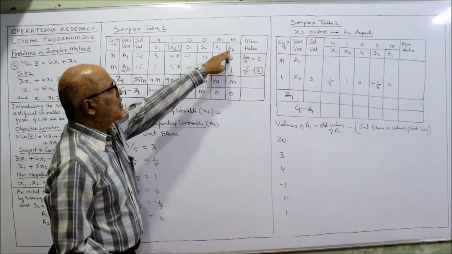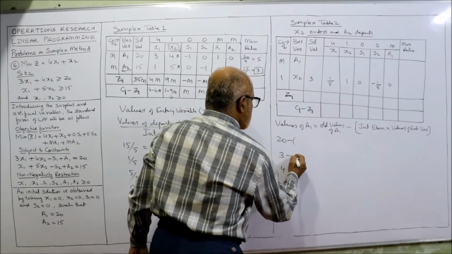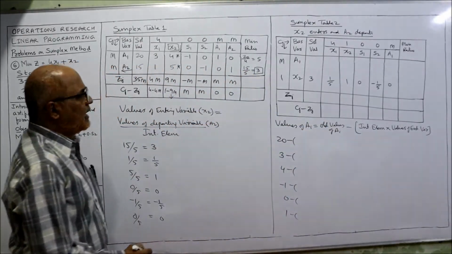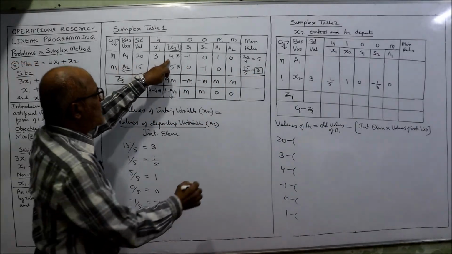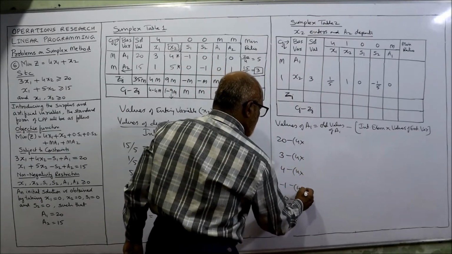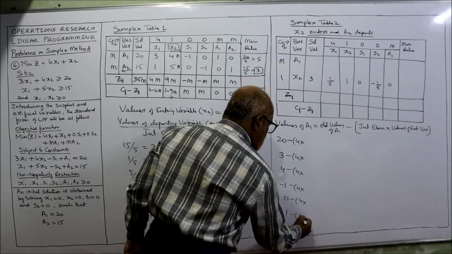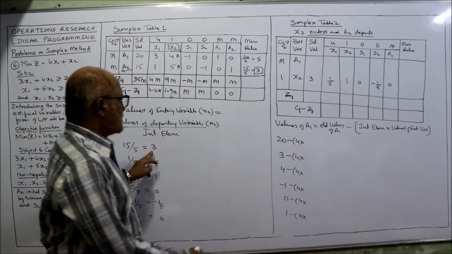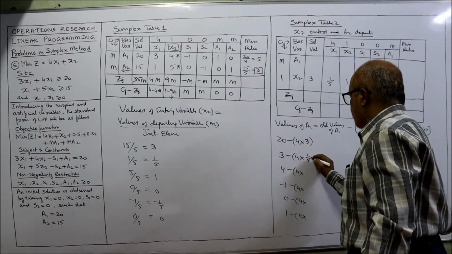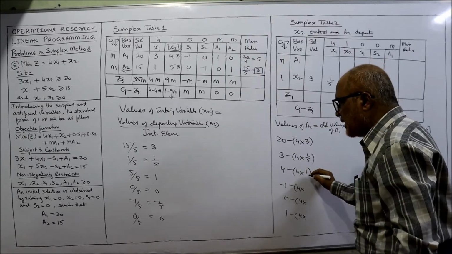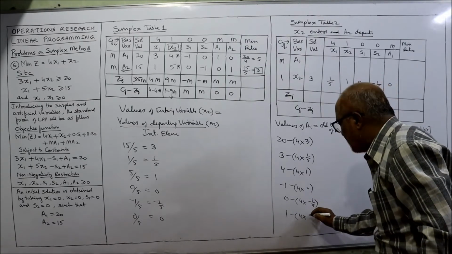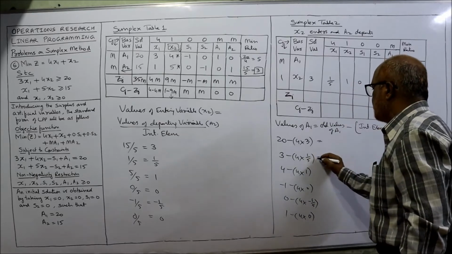I am not taking 0 because A2 is eliminated. Minus, from this we subtract the intersectional element of A1. Intersectional element is 4. So 4 into the entering variable values: 3, 1 by 5, then 1, then 0, then minus 1 by 5 and lastly 0, is equal to.